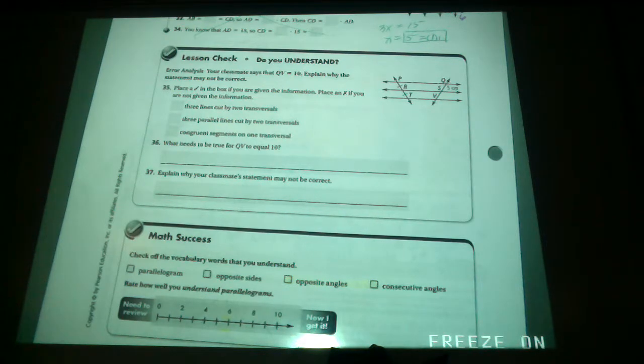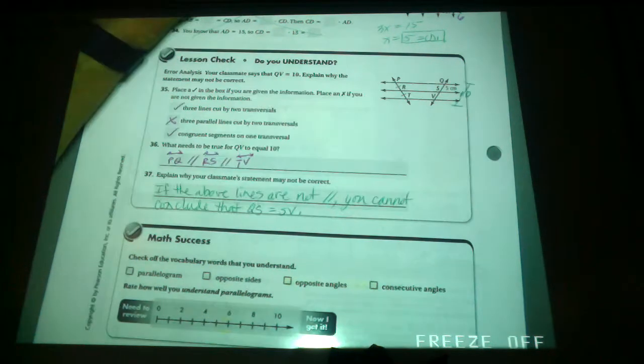Okay, so listen up. I will grant you that you could argue that VS is 5 with the information given. You really could. Logic stands to reason.